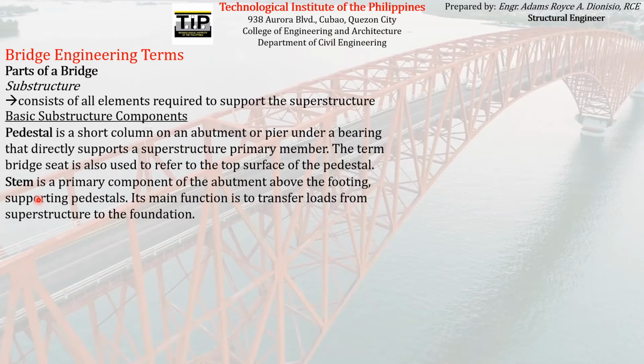Again, take note, abutments are those pier-like parts of the substructure that can only be found in the beginning and the end of a bridge. So you can find stem on that particular location. Stem usually supports pedestals. Its main function, just like the pier and the abutment, is to transfer loads from the superstructure to the supporting foundation.